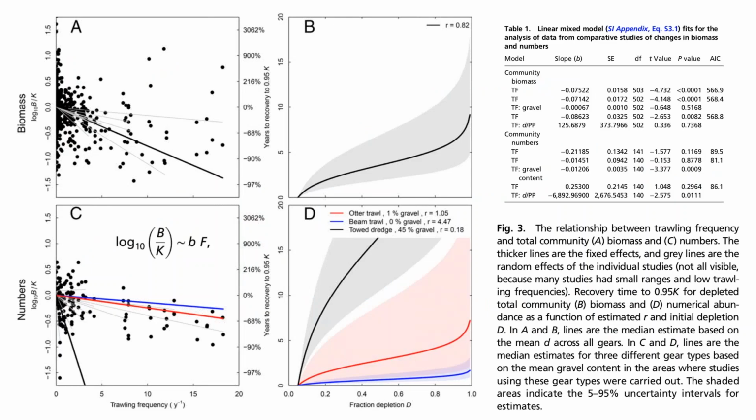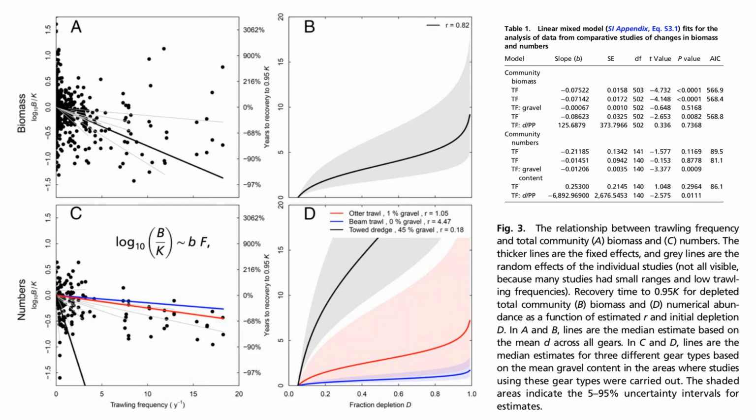So let's jump right into the results. Let's first look at figures A and C, which show the relationship between fishing frequency on the x-axis and community biomass, figure A, and community numbers, figure C. The equation shows the mixed effect model they specify.